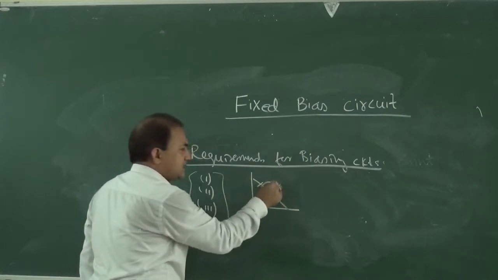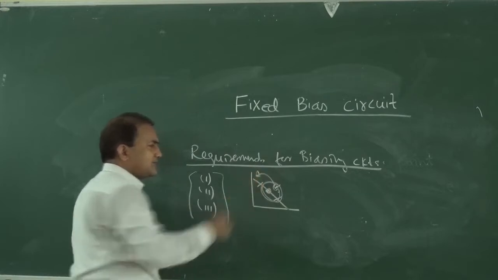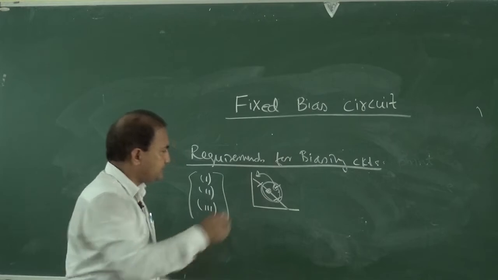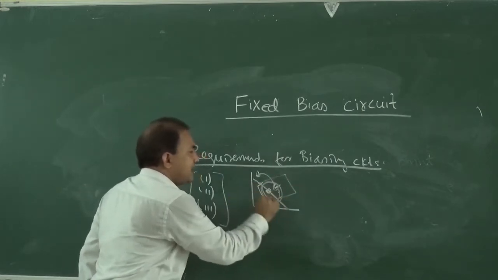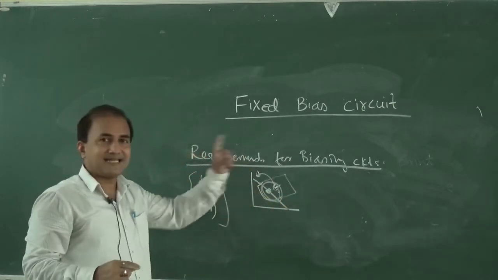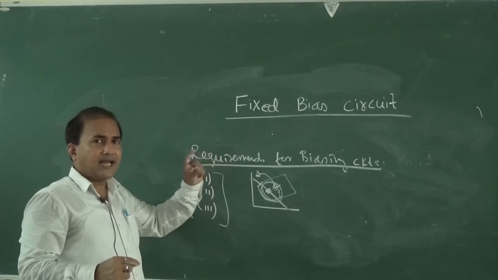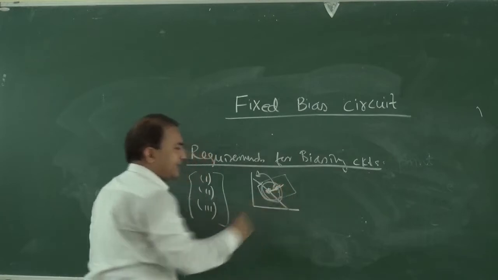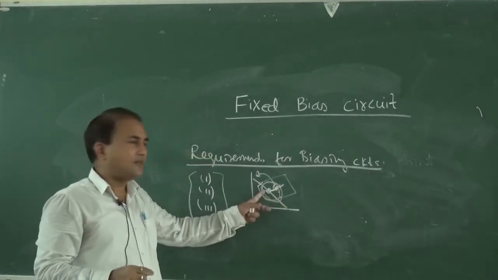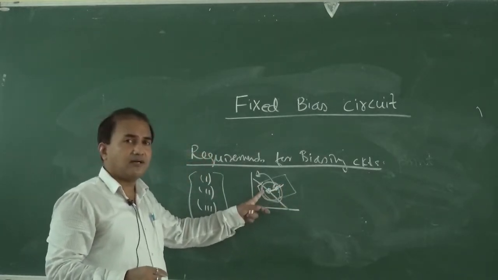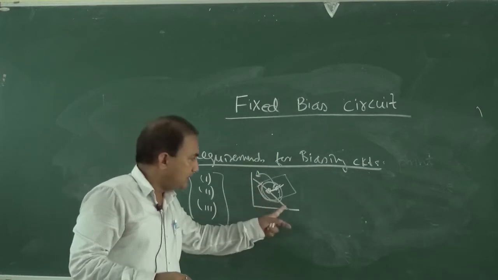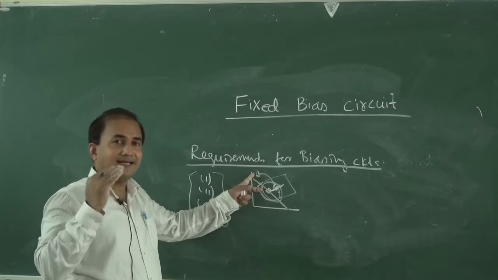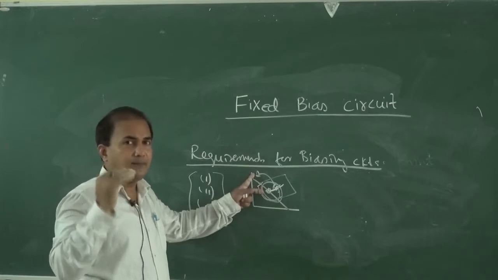It should not go to the saturation region or to the cutoff region. This is achieved by using the biasing circuit. So the main aim of a biasing circuit is to fix the operating point in the middle of the active region, and it should not go to the cutoff or saturation region even at the extreme values of the inputs.